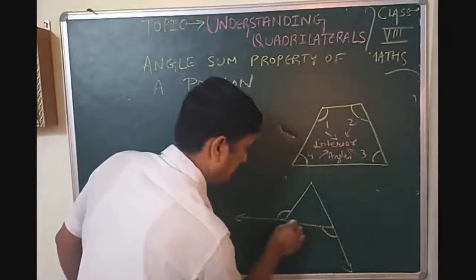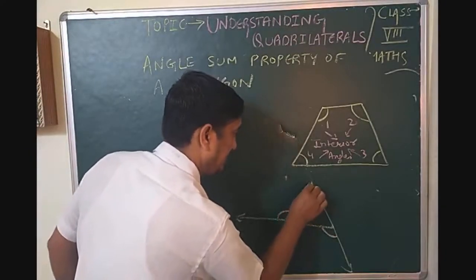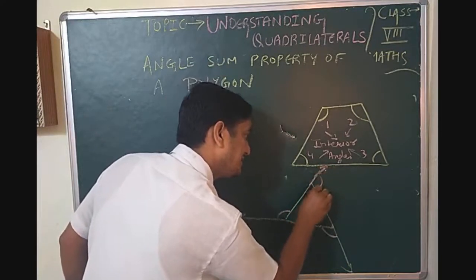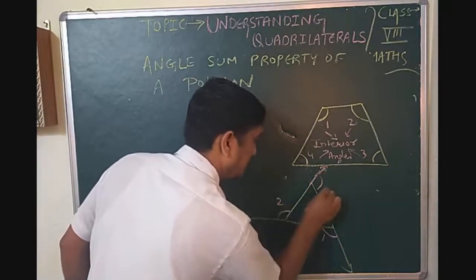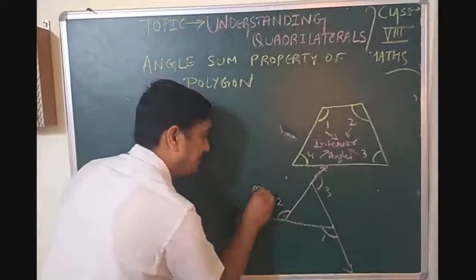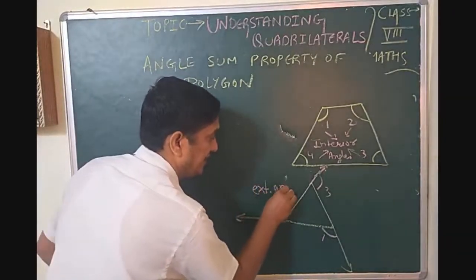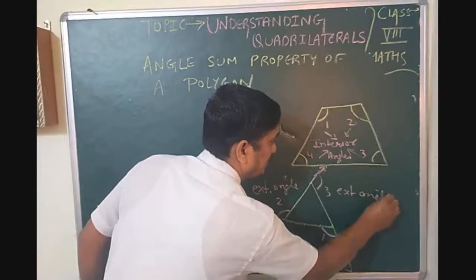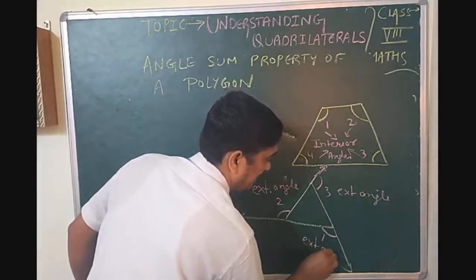This is the first angle, this is the second angle, and this is the third angle. 1, 2, 3. And all these three angles are exterior angles.